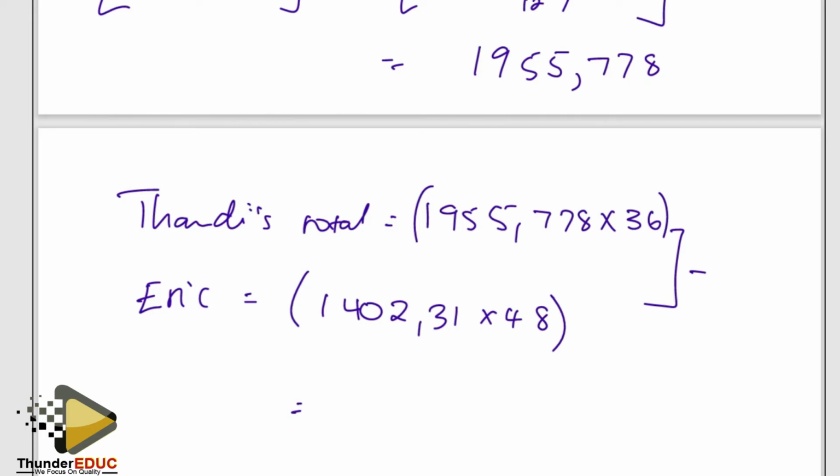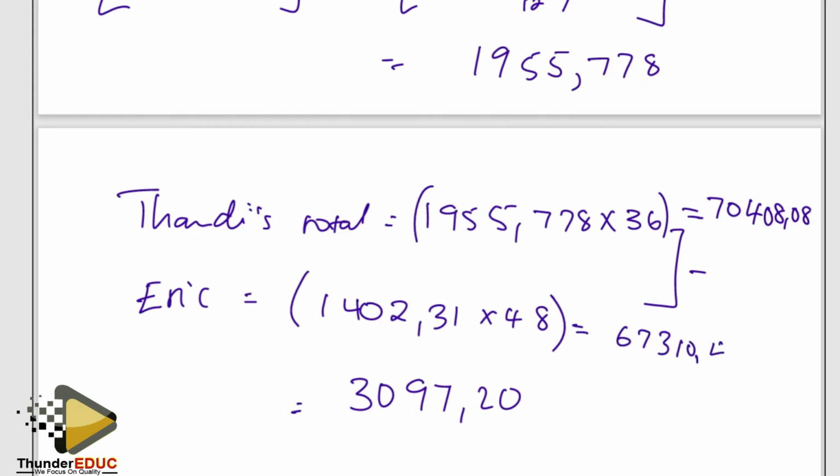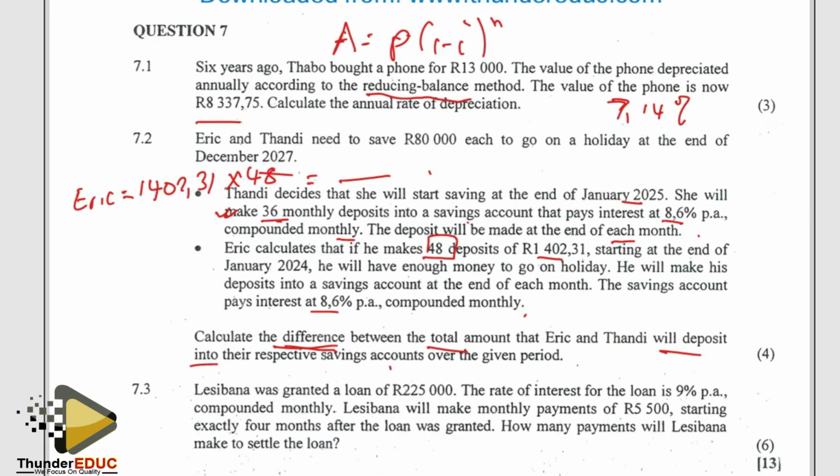So we're going to say that much minus that. I'm getting 3097.20, because with Tandy I'm getting 70408.08, and with Eric I'm getting 67310.88. Please confirm that with the calculator. Then when you subtract, this is how much the difference will be.